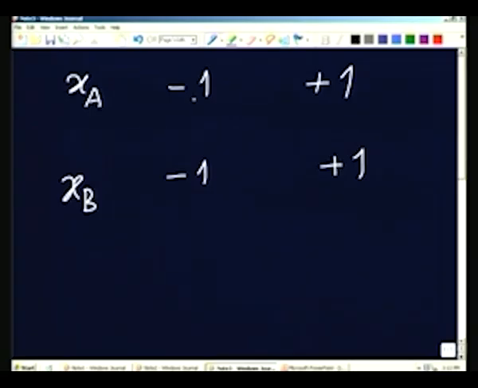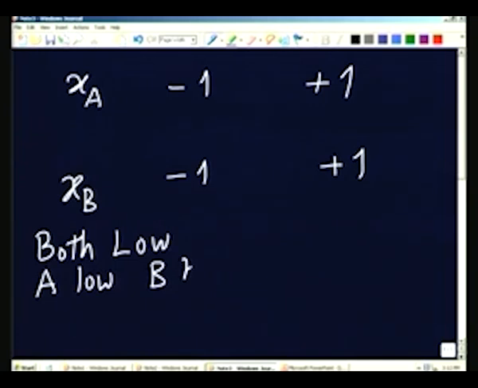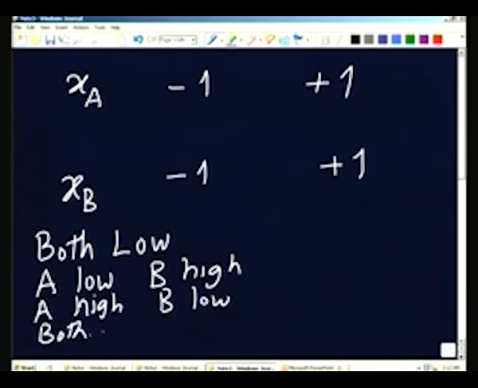I can have -1 and +1, -1 here and +1 for x B. I can have -1 and -1 both low values for x A and x B. So, we will just write it in words, both low, then we can have A low, B high, and then we can have A high, B low, and both high.